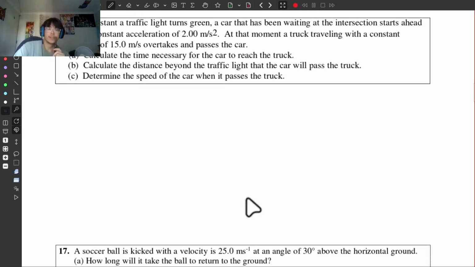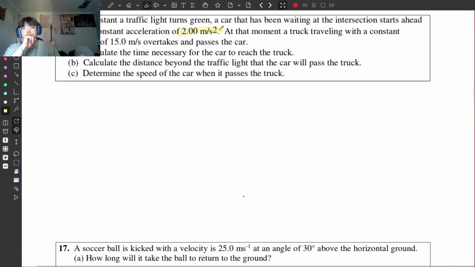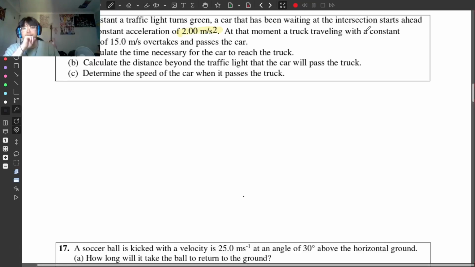Intersection. Okay, so we'll do this question now. At the instant a traffic light turns green, a car that has been waiting at the intersection starts ahead with a constant acceleration of this. At that moment, a truck traveling with a constant velocity of this overtakes and passes the car. So we can sort of think of this scenario as, so this is our car here.